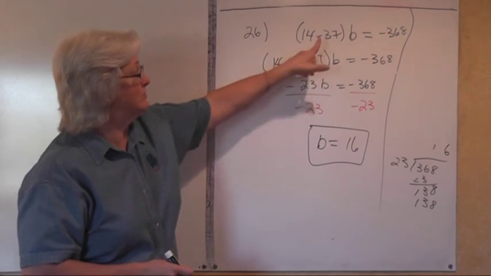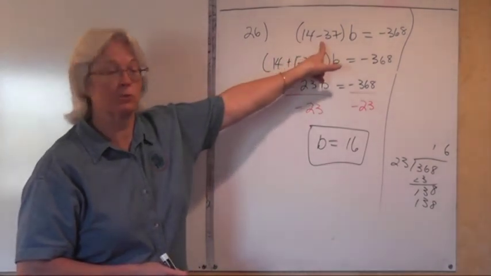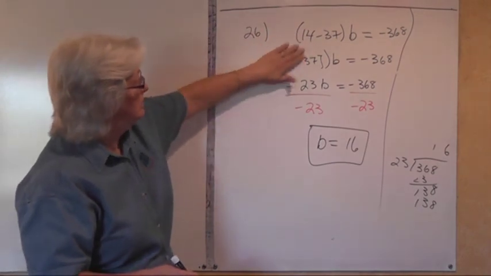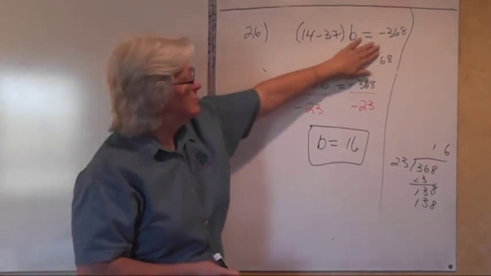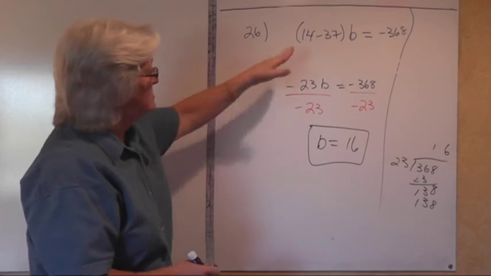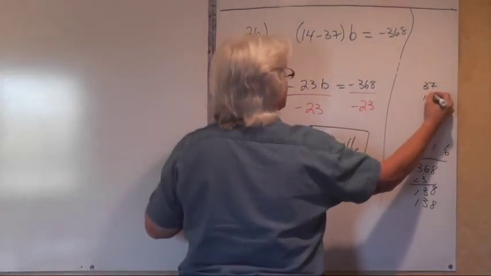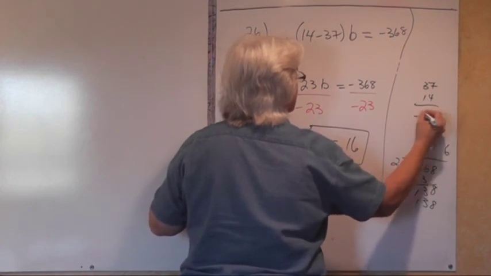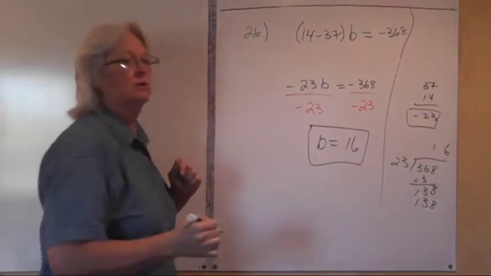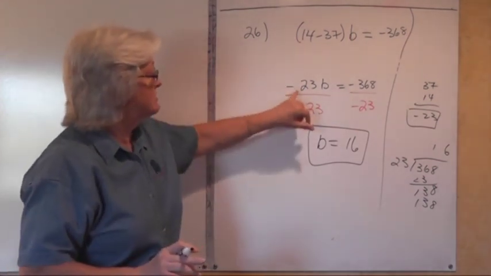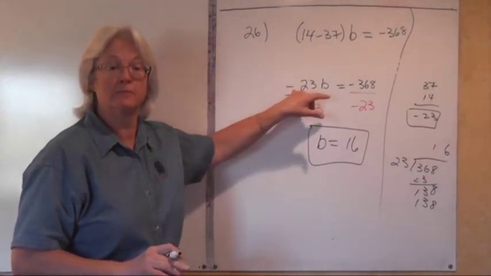Do you have to convert from a subtraction problem to an addition problem? No. If you're at the point now, we can say, oh, 14 minus 37, and maybe I want to write my 37 minus 14 over here. As long as you're careful to not drop your negative sign, just go ahead and say that's a negative 23b.